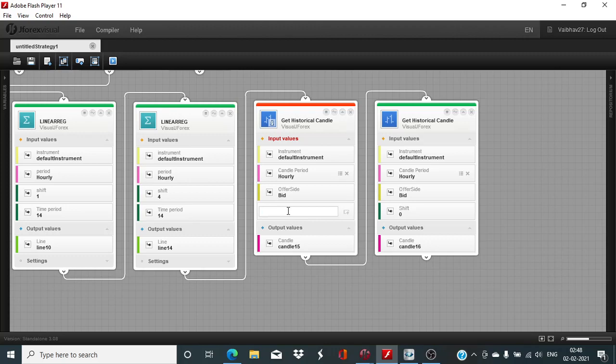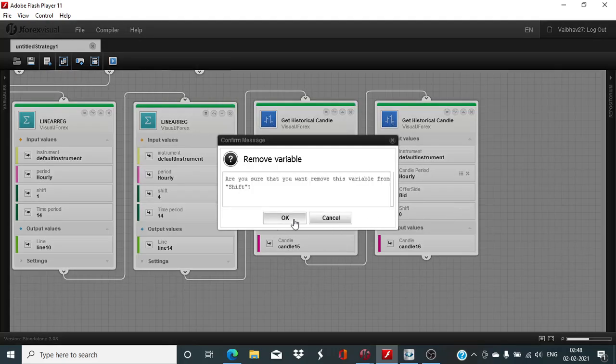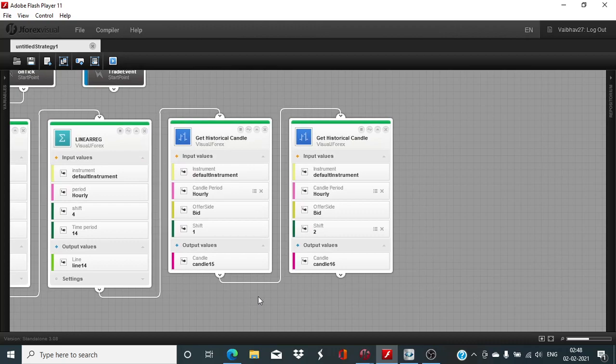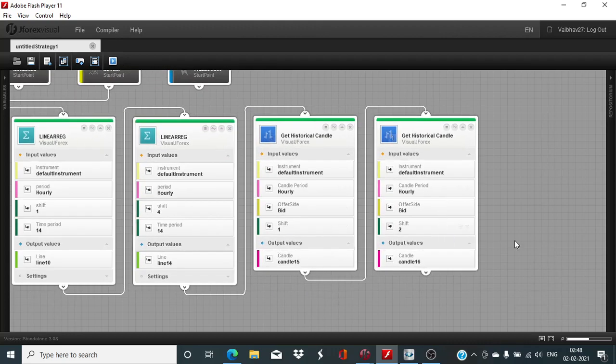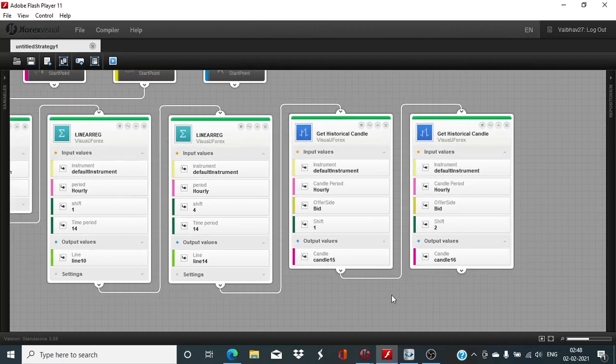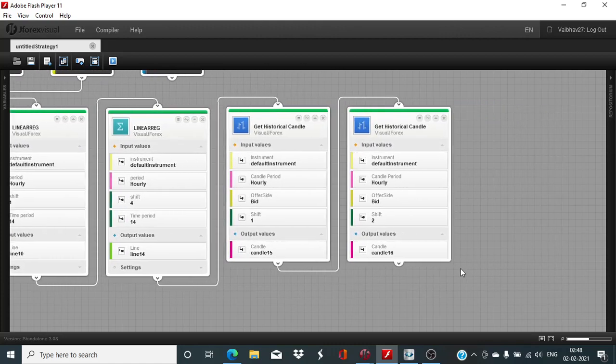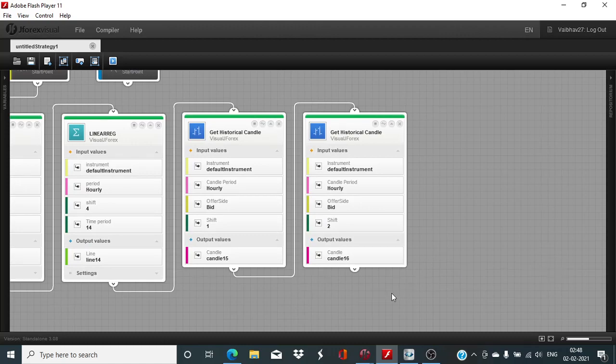Shift 1, shift 2. Okay, so here we have these two historical candles also in place to define the price action.